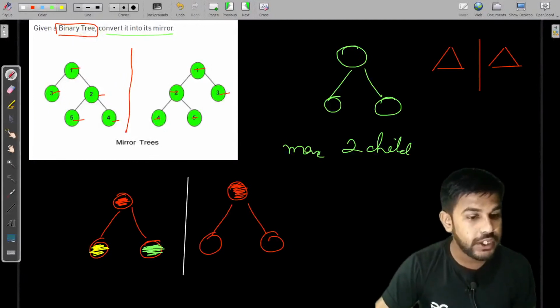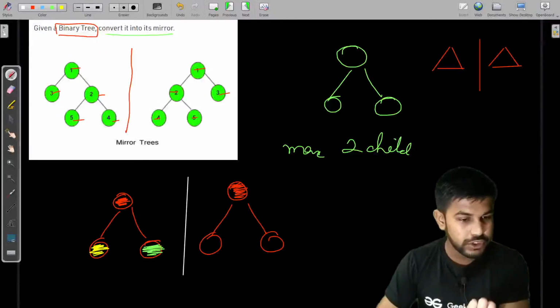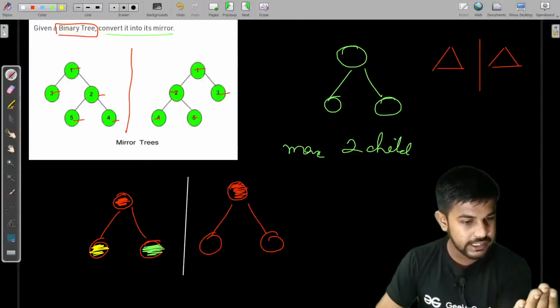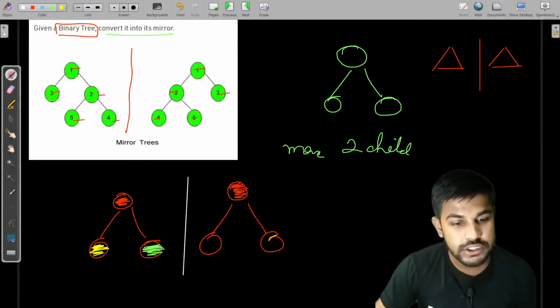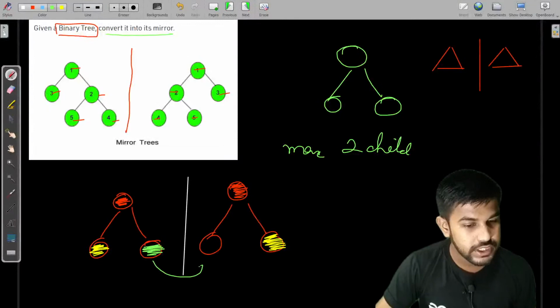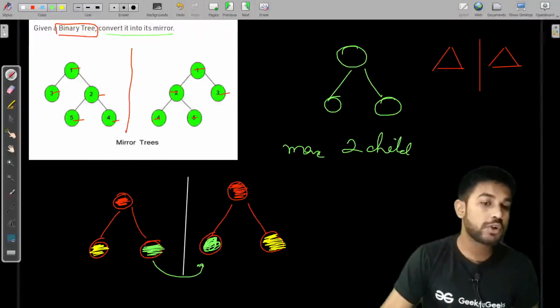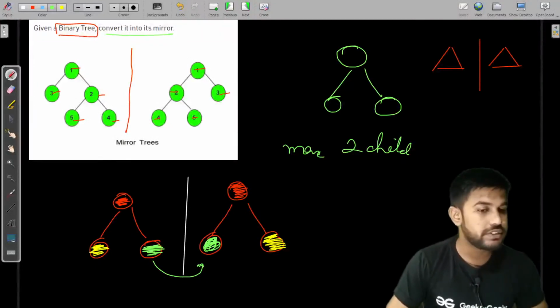So this yellow was on this side, so it would move to that side. This side moves to that side. This would come this side now. And this green side would move to this position. Fair enough, looks good, but there is an observation here.